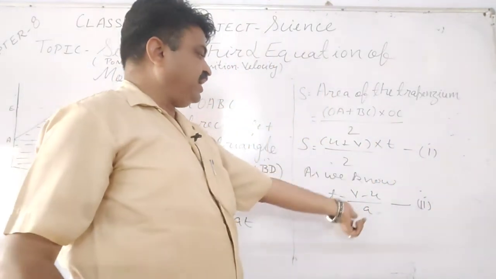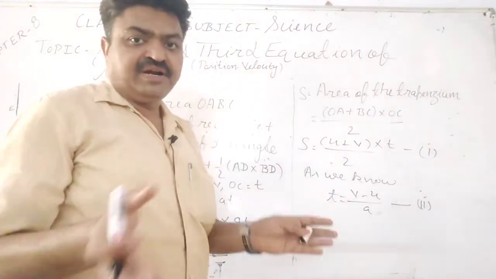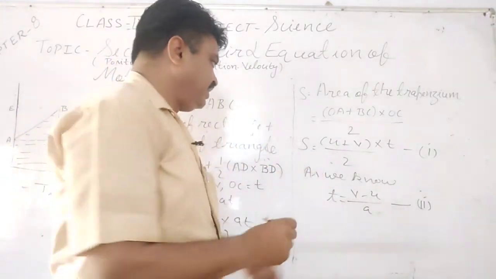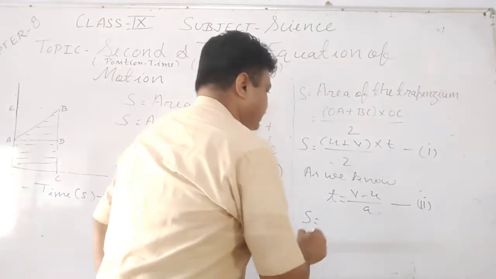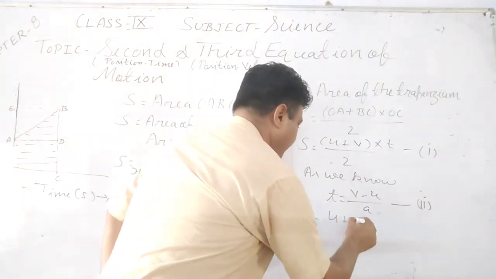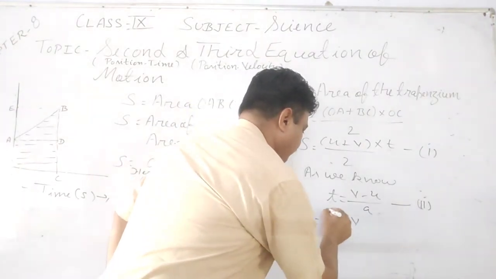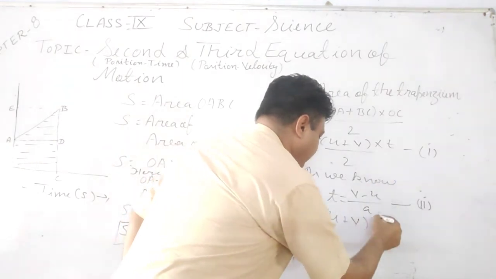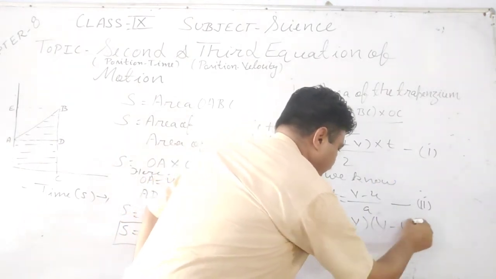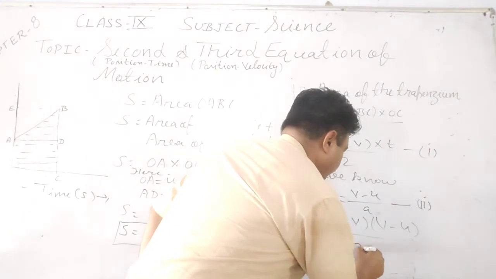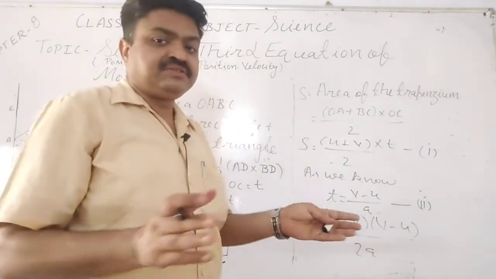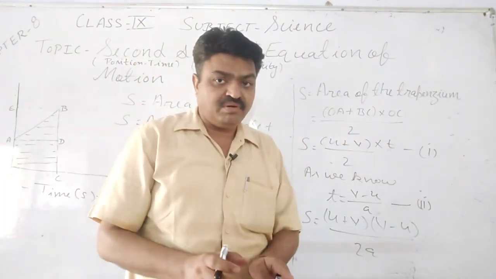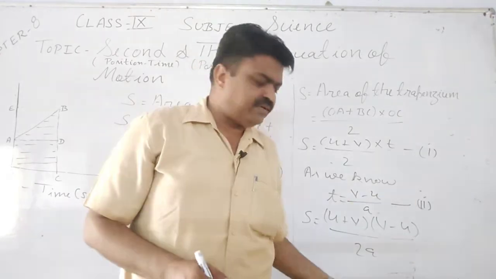By putting this value, we will get s is equal to u plus v, into v minus u, upon 2a.